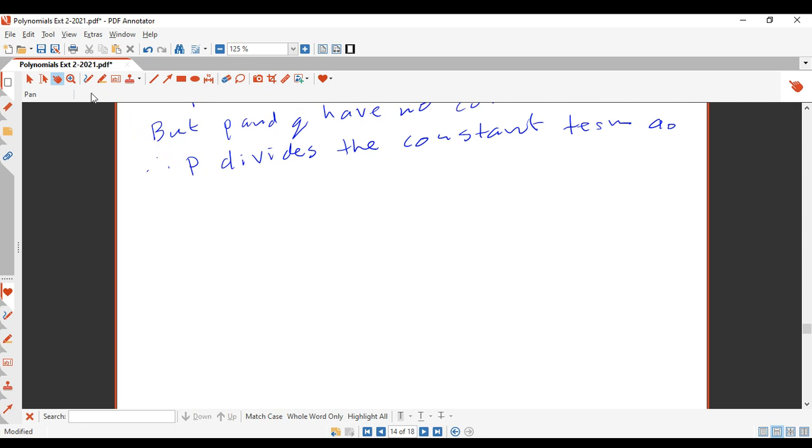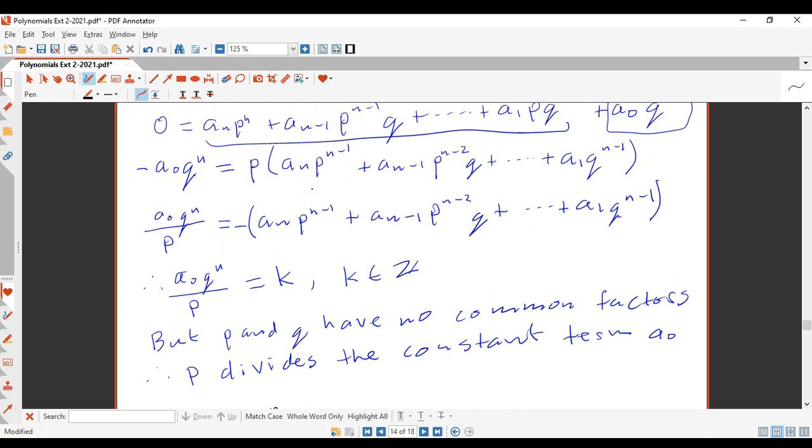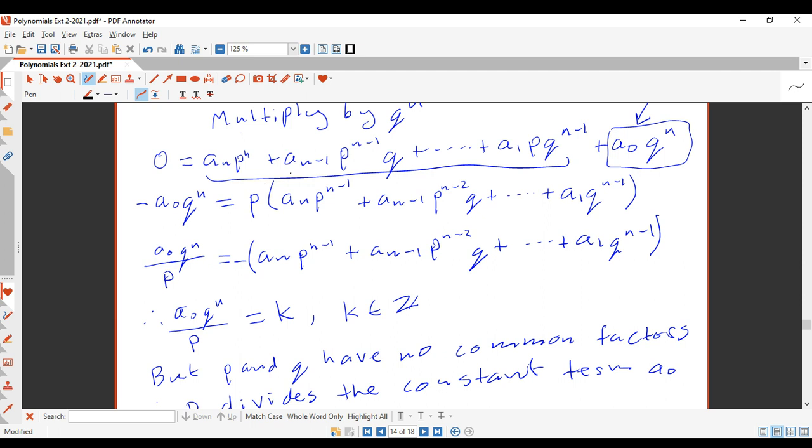So let's just change colors. Okay, I'll do some black. So I'm going to write down also, we could write this down, minus a n p to the n is equal to all these terms here.